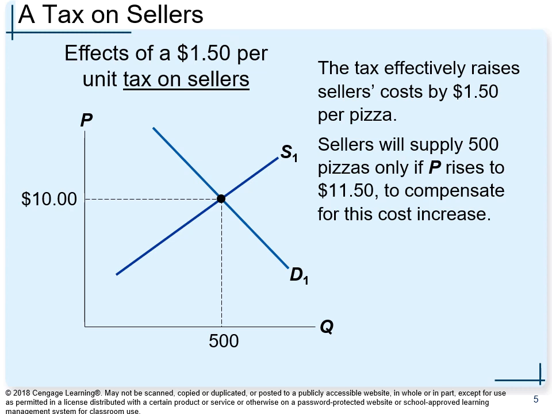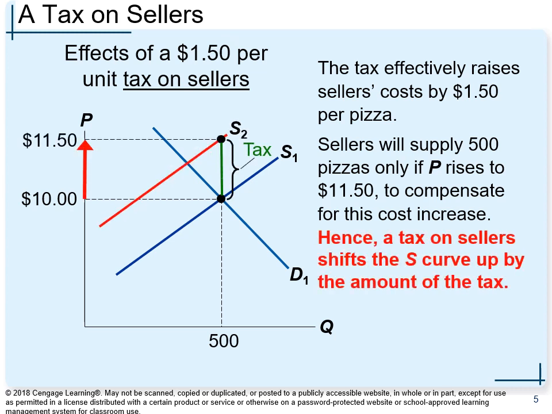So how would it affect the supply side of the market? It would shift the supply curve up by exactly the $1.50. So the intuition here is pretty straightforward.